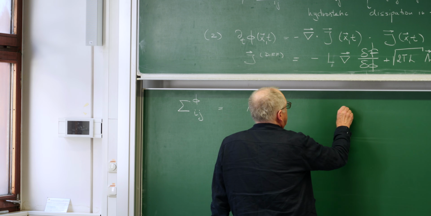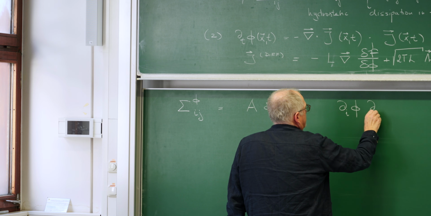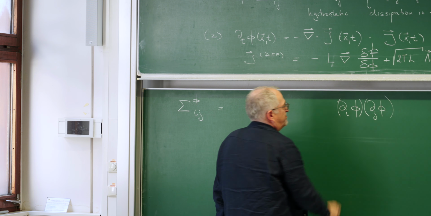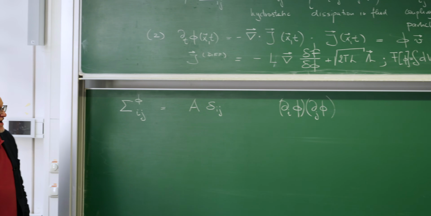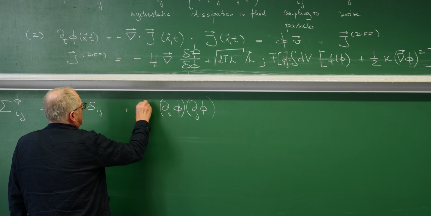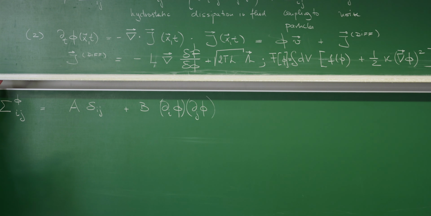And then in addition, there will be a tensor that you can construct from the scalar density that is just given by the product of the derivatives of phi with respect to x_i and x_j. And again here, there's a coefficient b that we don't know and that we have to determine.